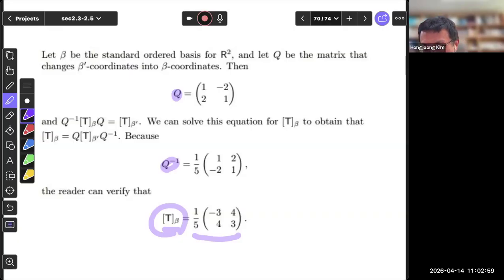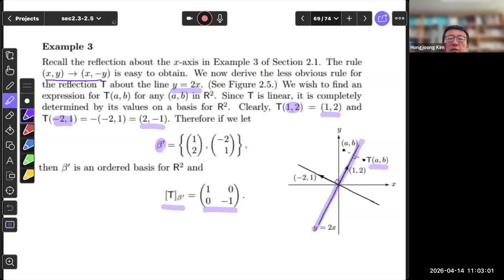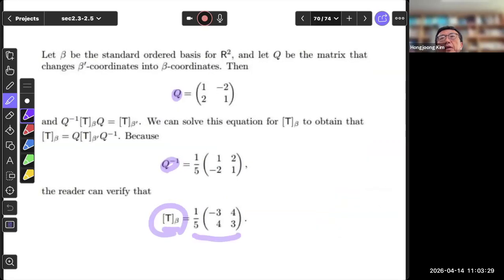So this example gives a very useful hint. The standard basis may not be useful in some linear transformations like this, but for that specific linear transformation, we can choose a very simple basis. And with respect to that simple basis, we can find the matrix for T, or matrix Q. Then by multiplying these matrices, we can find what we want.